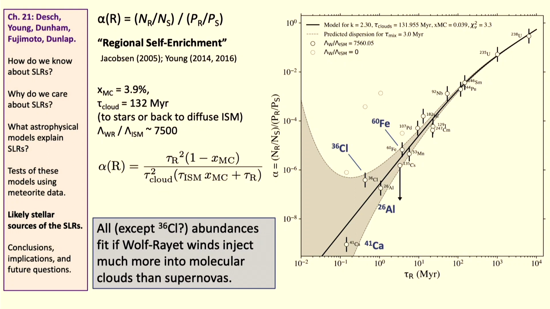And then this one thing here is the ratio of inputs to molecular clouds from Wolf-Rayet stars versus supernovae. And these models are pretty successful at matching all of the abundances. Maybe not chlorine-36, but they do require that a lot more Wolf-Rayet wind material gets into molecular clouds than supernova ejecta by factors of thousands.